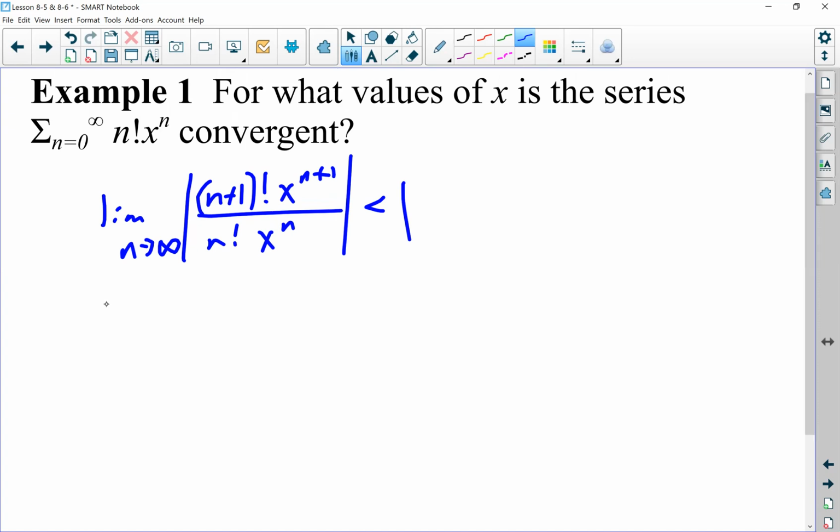So what we'd really like to do is simplify this. And n plus 1 factorial is n plus 1 times n factorial. It's n plus 1 times n times n minus 1, all the way down until we get to 1.